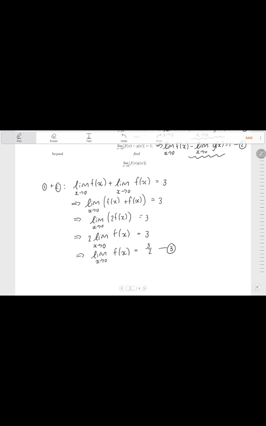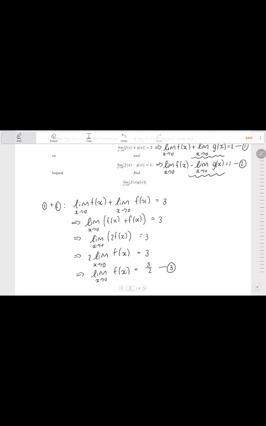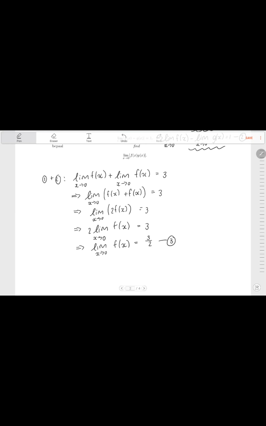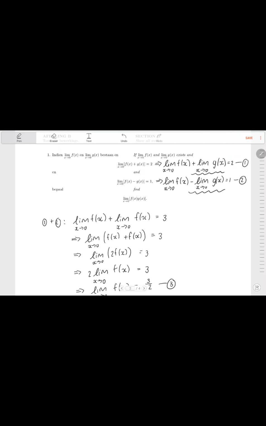What I'm going to do now is substitute equation 3 into equation 1. So this was equation 1 over here.